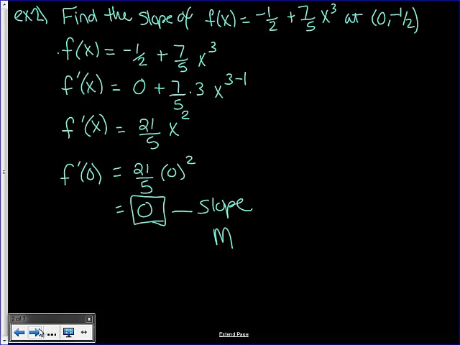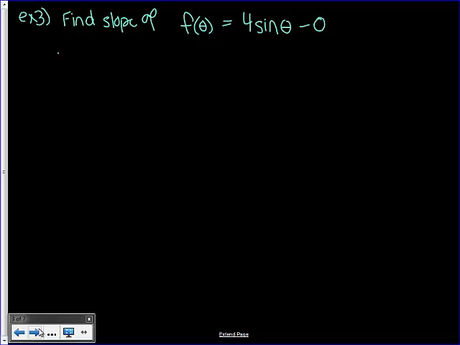Okay, one more slope example. We're going to find the slope of, and this time it is f of theta equals 4 sine theta minus theta at 0, 0.